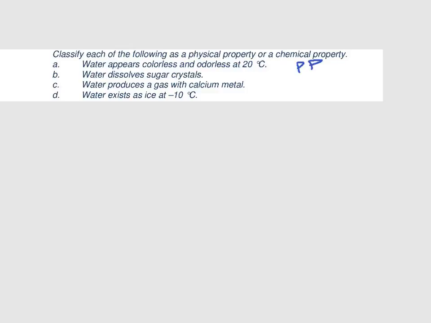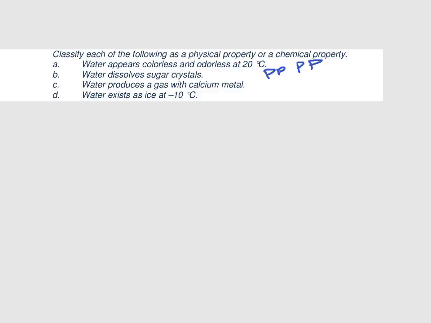Water dissolves sugar crystals. Well, if you let those sugar crystals form back again after the water evaporates, the sugar is the same, the water is the same. That's a physical property. Water produces a gas with calcium metal. You want to test if calcium metal is going to react in water, you've got to put them together.